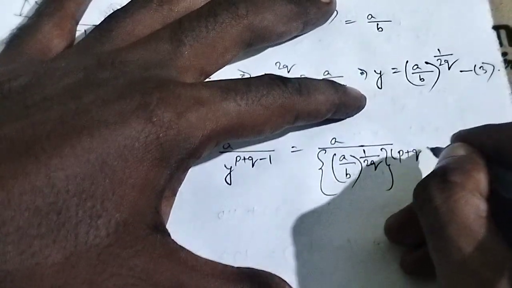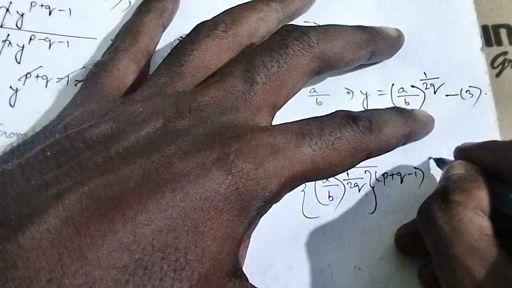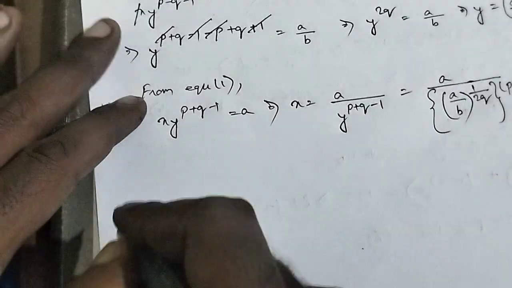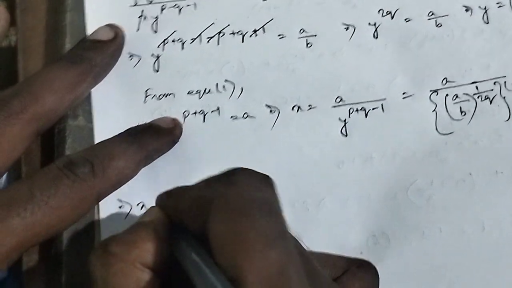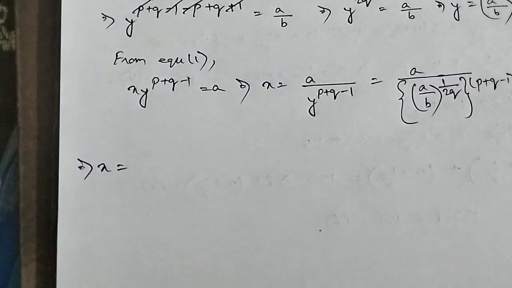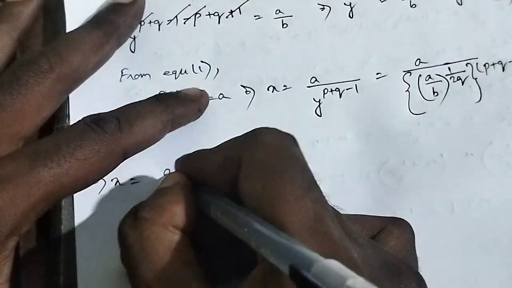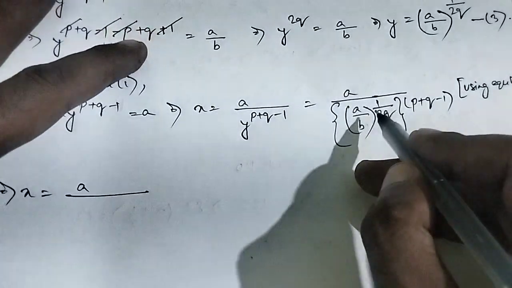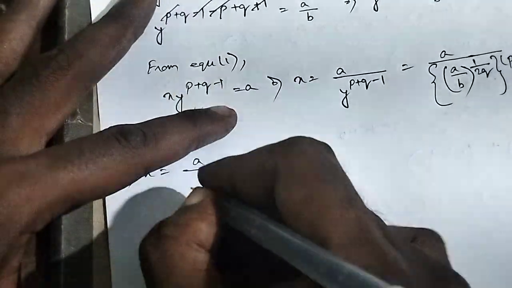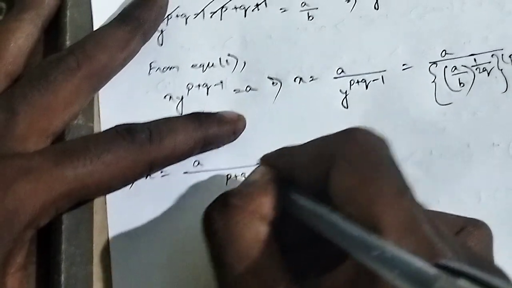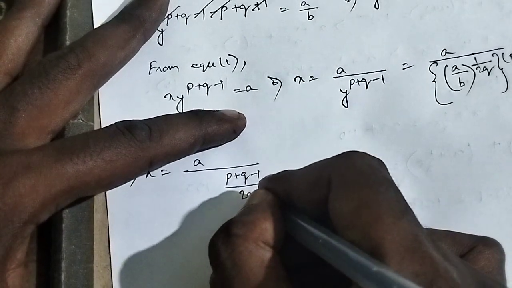Here you have to write using equation 3. So from here we can write x is equal to a by a to the power p plus q minus 1 by 2q.